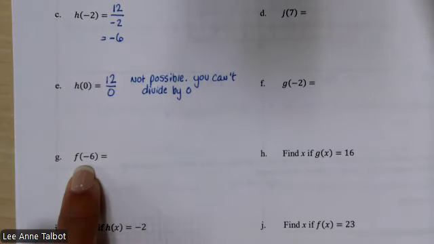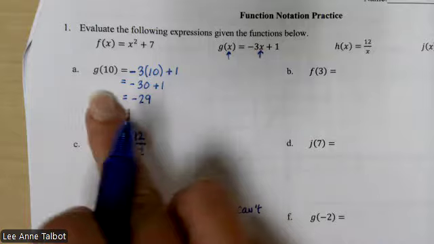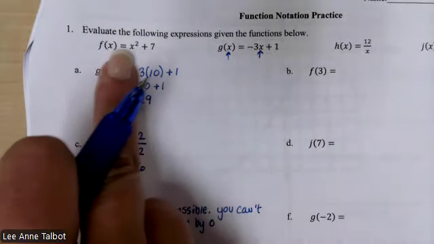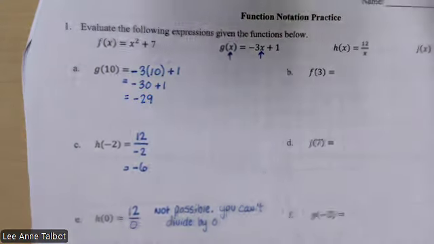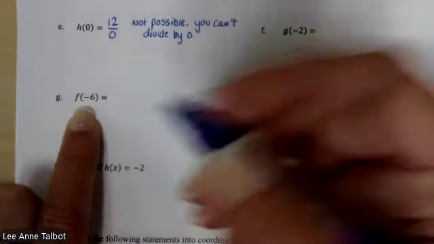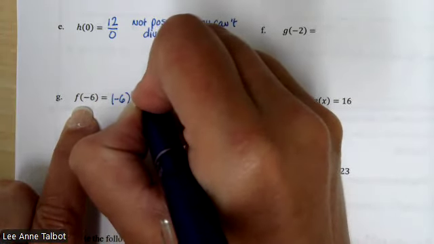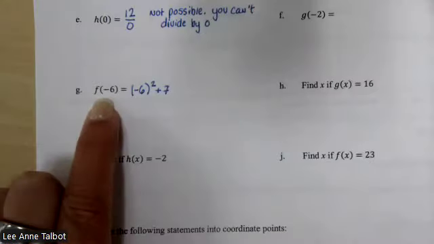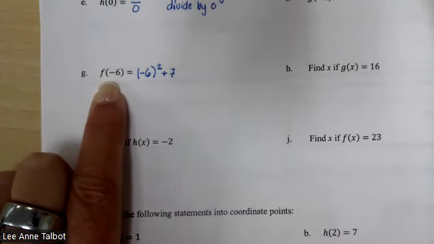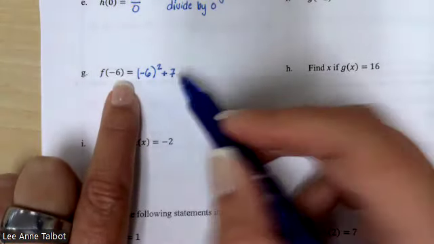F of -6. Okay, so I go up to the top. I find the one that's F. It's this one. So I'm going to plug -6 in for X and make sure to put the -6 in parentheses. So it was X squared plus 7.